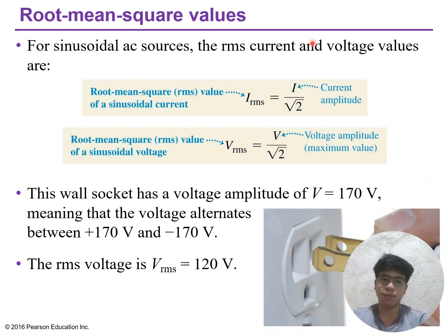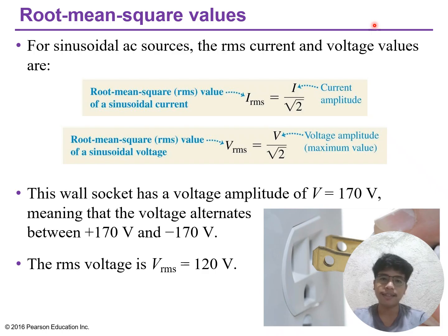This distinction between the amplitude, 170 volts, and the RMS value of 120 volts is crucial because electrical standards, appliance ratings, and power calculations universally employ the RMS value rather than the peak amplitude.